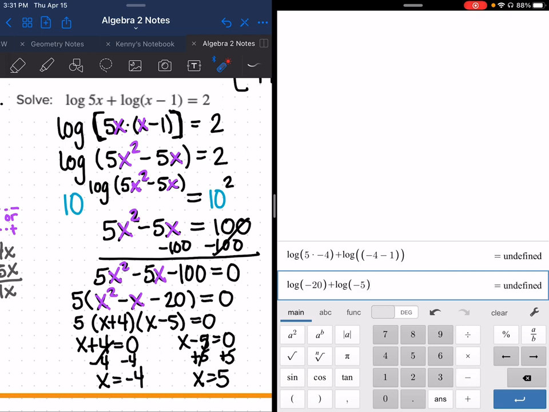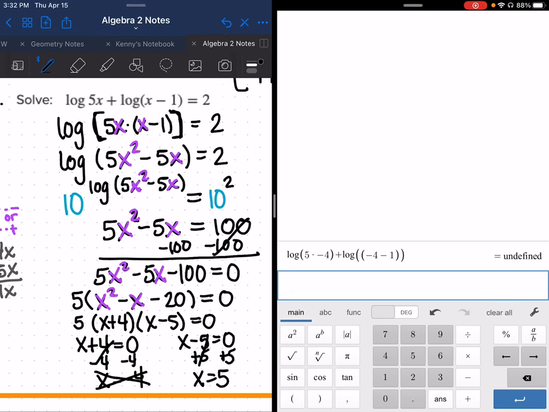I get undefined again. Why? Because you cannot take the log of a negative number. I can do log of 20, but I cannot do log of -20. I can do log of 5, but I can't do log of -5. So this is not an answer. Remember, in the past, we have called this an extraneous solution, but this is not an answer.